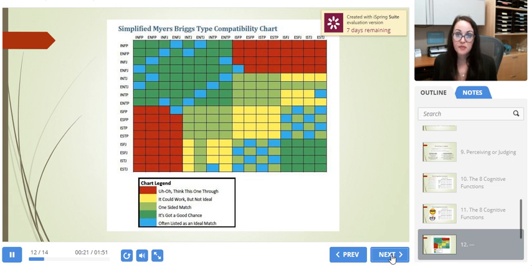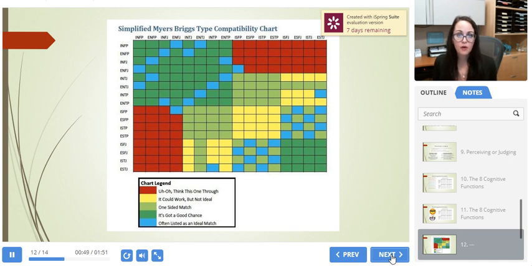Like I've said, every person is their own unique individual, so just because on paper you're listed as a good match with another person, it doesn't mean that's always going to work out. And just because you're listed as an incompatible or less than ideal match on paper, it doesn't mean it can't work. So don't let the MBTI rule your life or exclude you from getting involved with certain people.